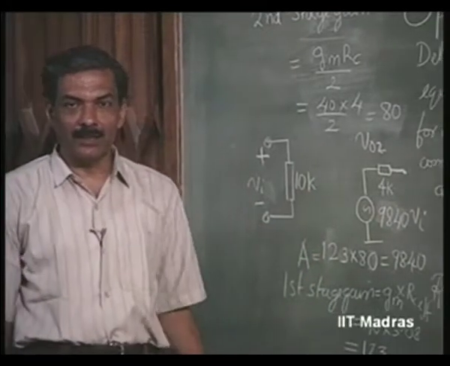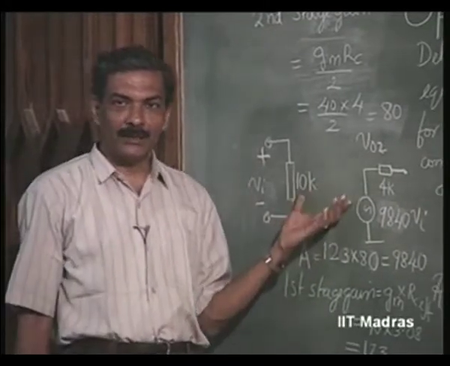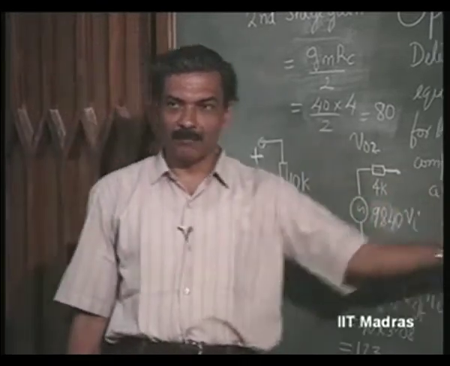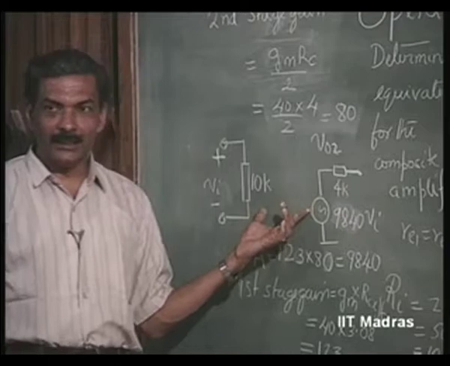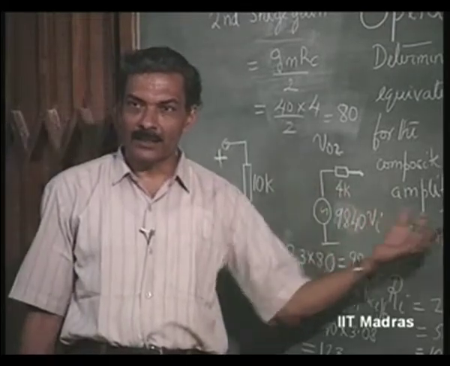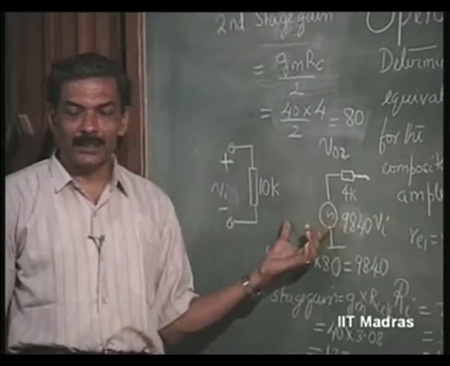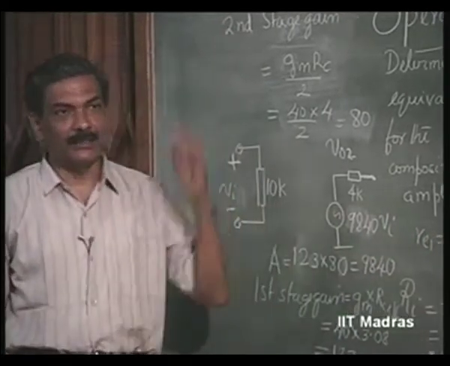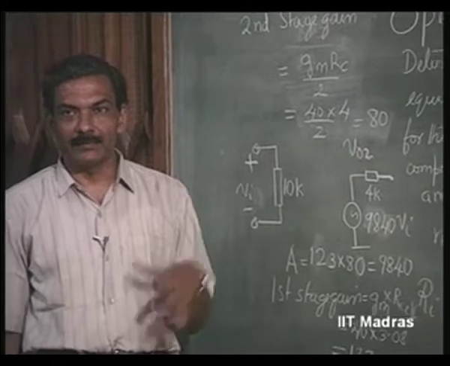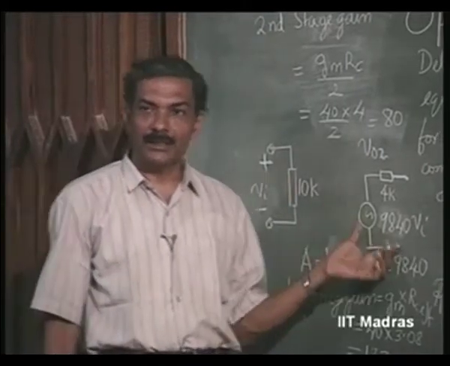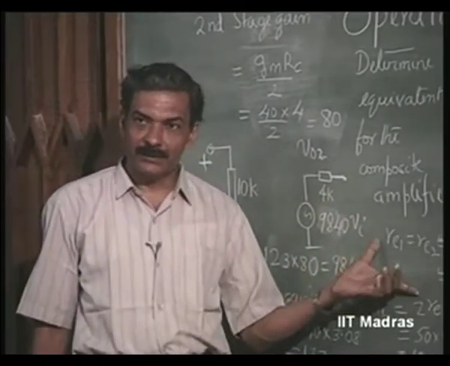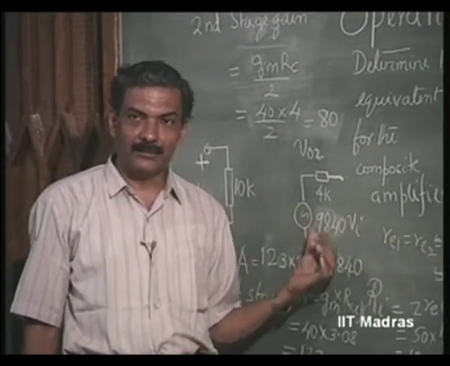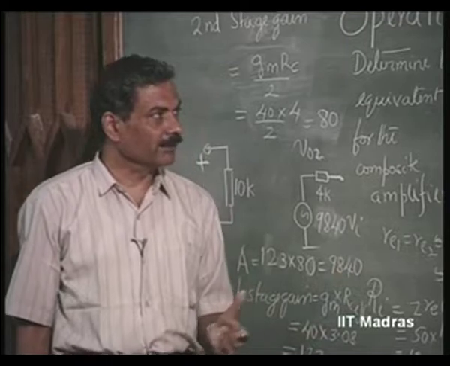Respectively, these will be called operational voltage amplifier, operational current amplifier, operational transconductance amplifier or operational transresistance amplifier, just as we had in the beginning of this course defined basic control sources as voltage amplifiers, current amplifiers, transresistance amplifiers and transconductance amplifiers.